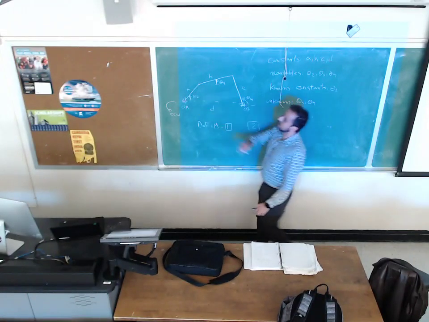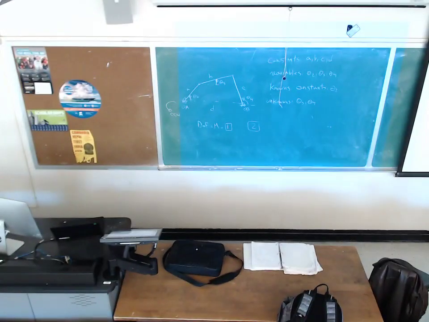Then you know the length of link 2, which is A, and also you know the angle. Suppose the angle is theta 2, which is given.